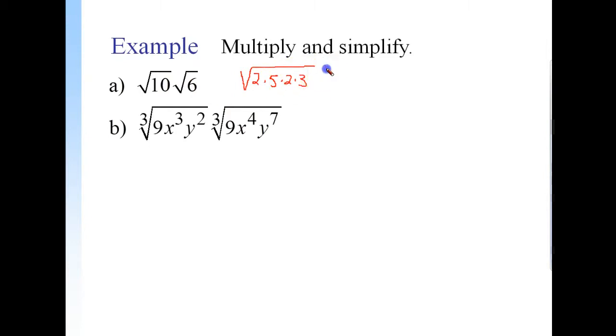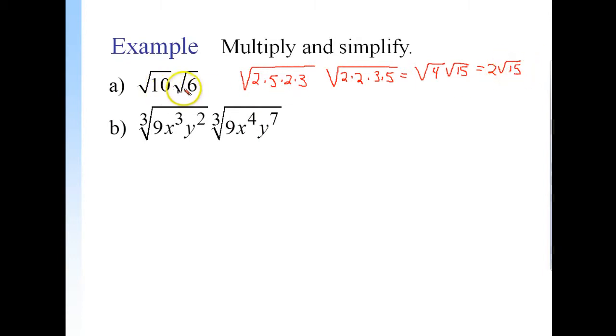And now I'm going to use the commutative property that we studied a long time ago and put my 2 times 2 first, and then my 3 times 5 perhaps. Now what is this? Well, this is 4. So I have the square root of 4 times the square root of 15. And now I take the square root of 4 and get 2 the square root of 15.